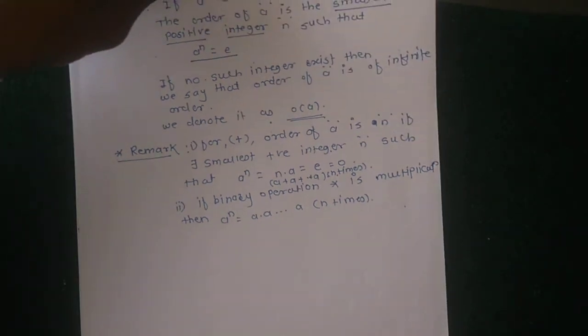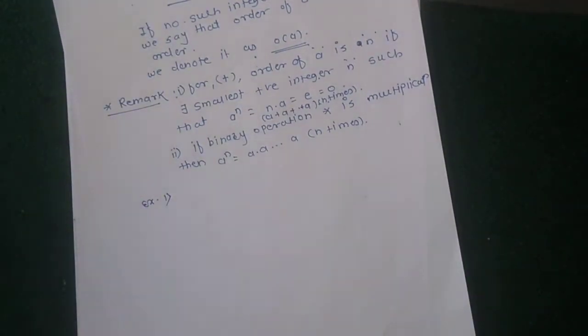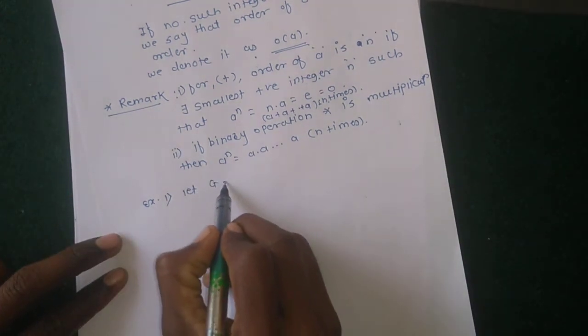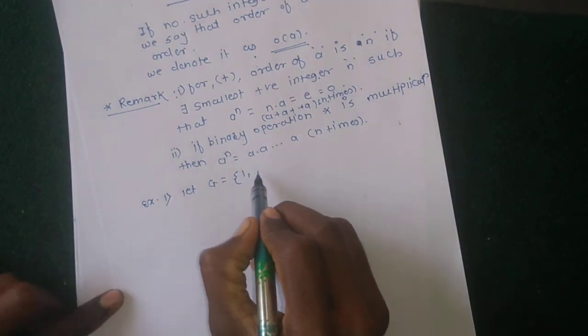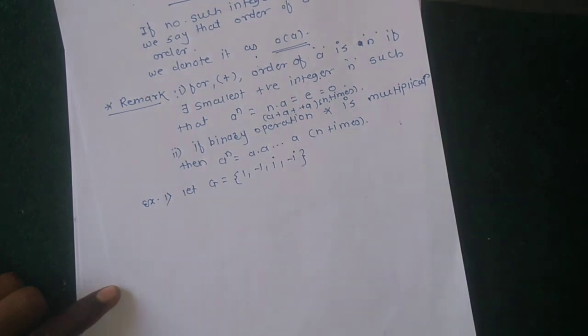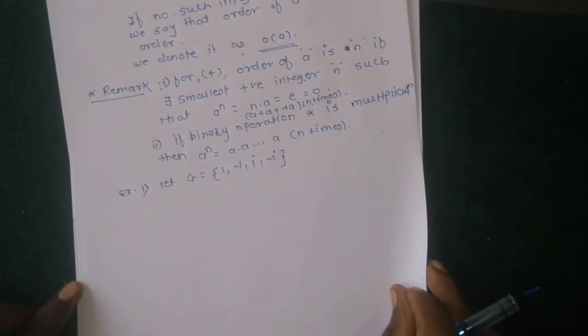Some examples of this. First example: let G equal the Gaussian integers 1, minus 1, i, minus i. This is a set of Gaussian integers.